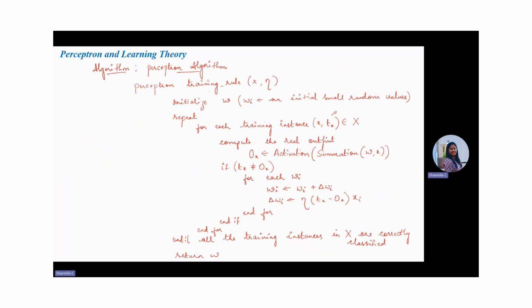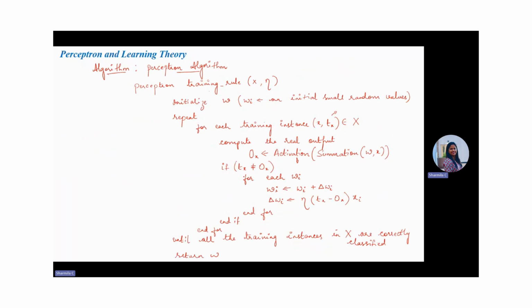Compute the real output. Output is nothing but the output from the perceptron. As I told, for the activation function we give the weighted sum, and it returns some value based on which activation function we are using, whether it is a signum function or a step function.